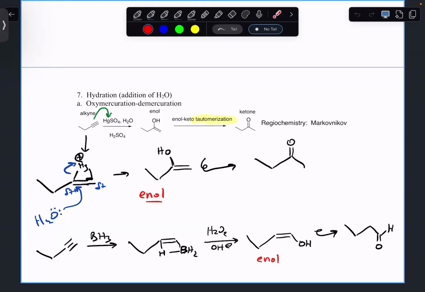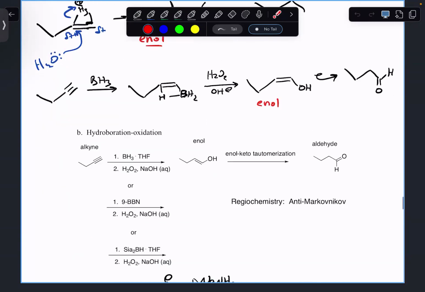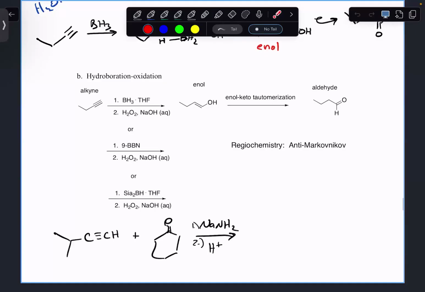And so what people will generally do is they will use these larger, more hindered boron reagents that have only one hydrogen. The two most common for this are this compound called 9-BBN or this compound that's abbreviated Sia2BH, it's disiamylborane. I'm going to go ahead and show you what the structures look like. I'm never going to ask you for this on an exam, but just so you can see what these are more than just a mishmash of letters.